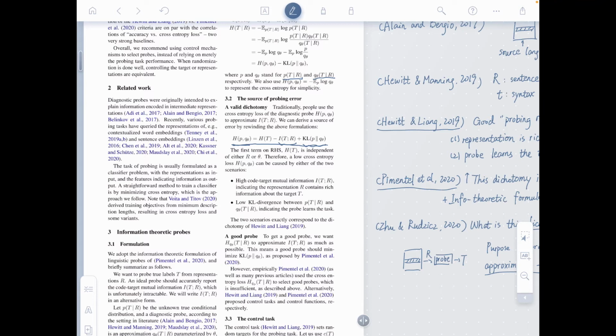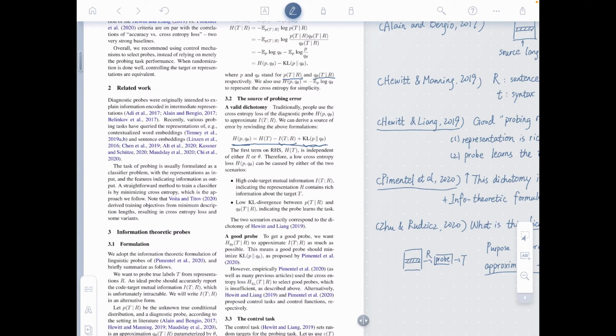Later, we discuss the criteria for a good probe. To get a good probe, we show that the criteria proposed by Hewitt and Liang and Pimentel are equivalent if you are doing the randomization correctly.